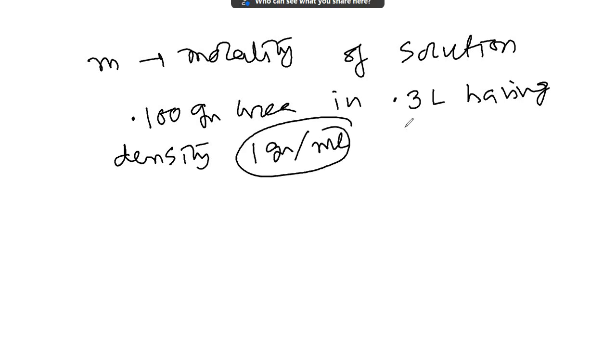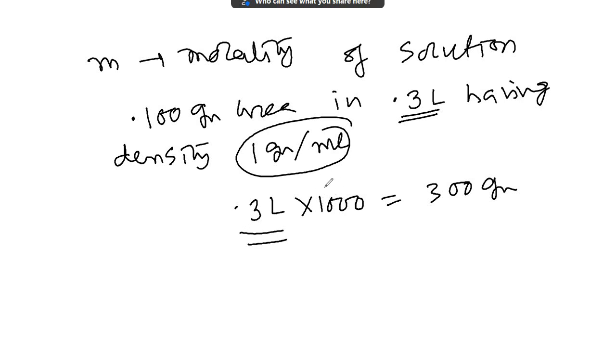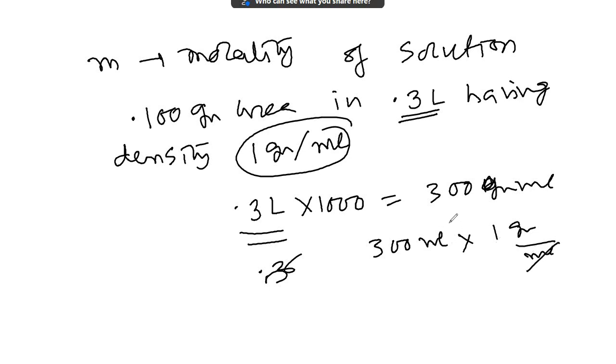This is the density they provided. 0.3 liter multiplied by 1000 gives you 300 ml. So 300 ml into 1 gram per ml. Sorry, I have told something other. It is 300 gram, the mass of the solution.